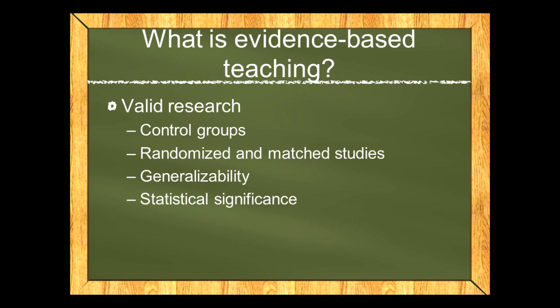So there's also an indicator for what is considered valid research for determining evidence-based teaching, which is the research design being randomized or the study being a matched study. I talked about this idea that your control group should be pretty similar to the experimental group, right?